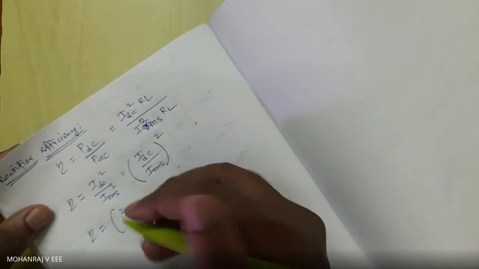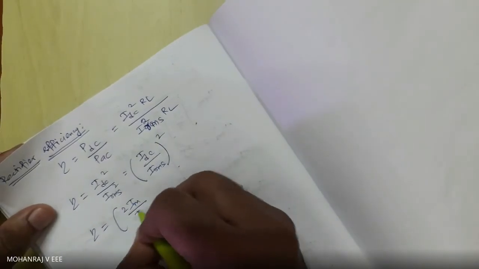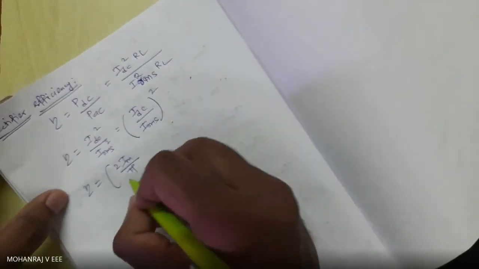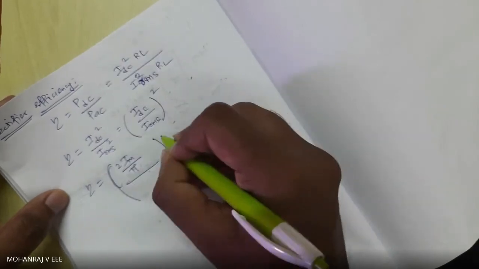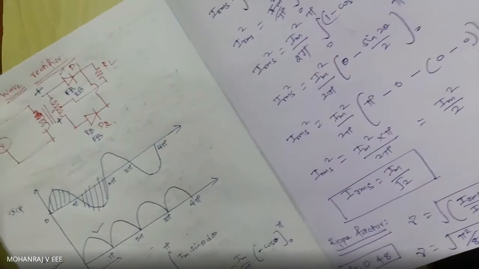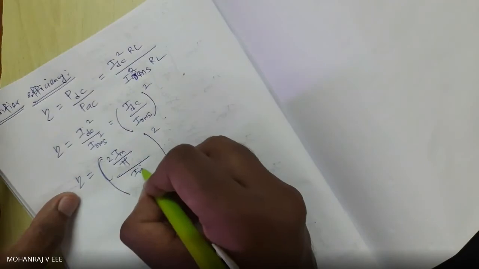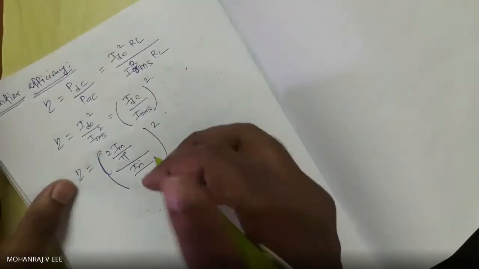IDC is equal to 2 Im by pi, divided by IRMS. My IRMS is equal to Im by root 2.